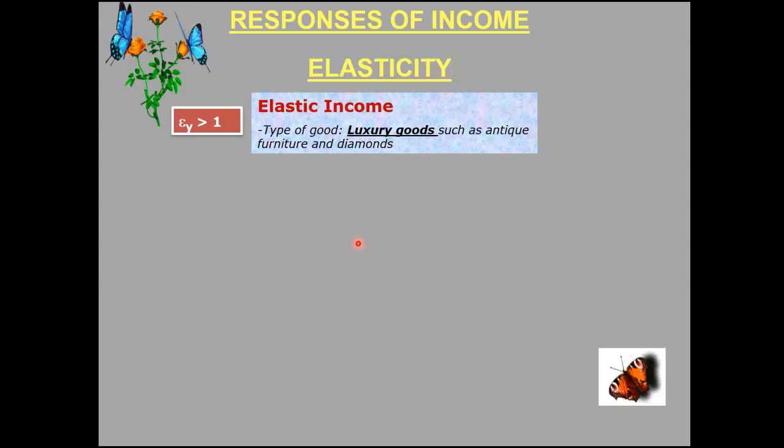When the question asks about income elasticity, once you get the value, they want to know what type of good. So if you get the answer 2.5, 3.0, positive 5.3, as long as larger than 1, kita panggil dia elastic income, dan dia merujuk kepada luxury good.